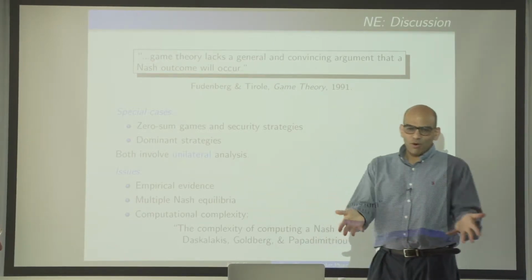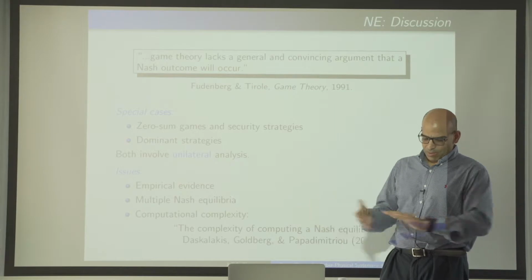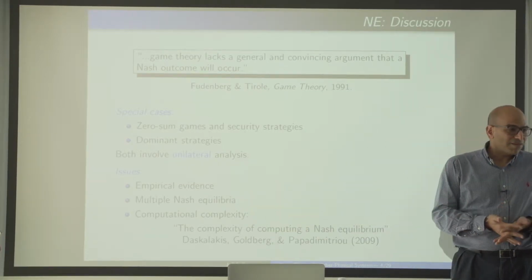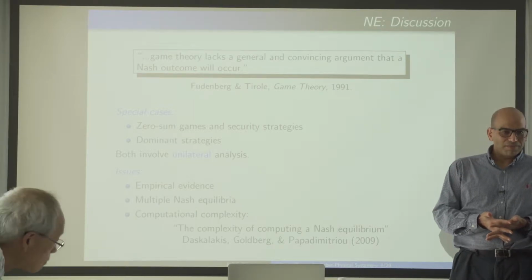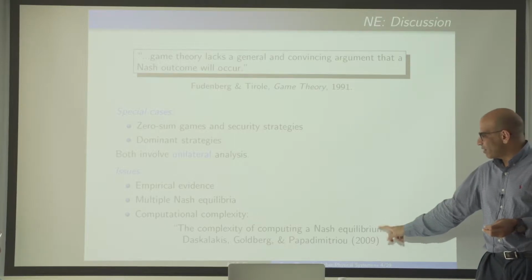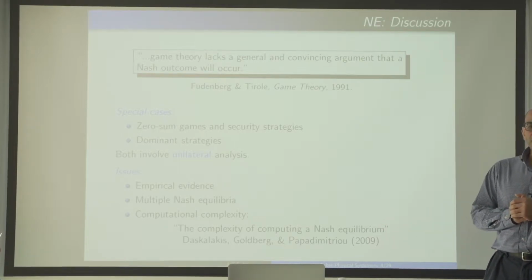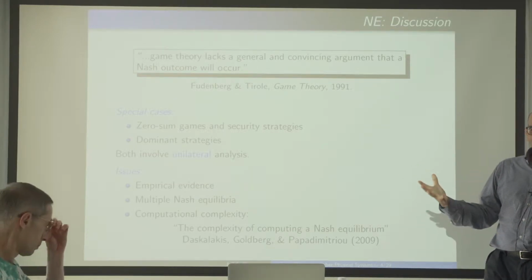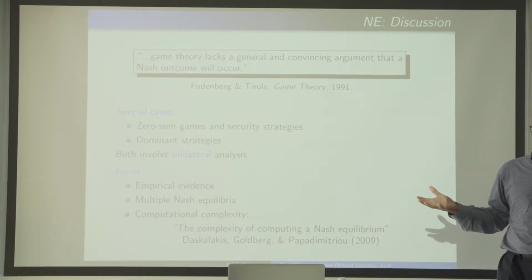Empirical evidence, we had our own empirical evidence today that a Nash equilibrium didn't emerge. There may be multiple Nash equilibria, and if that's the case, which one do we believe in? And there's also the computational complexity, and there are lots of negative results on what it takes to even compute a Nash equilibrium. And it turns out that in general, it doesn't scale very well.